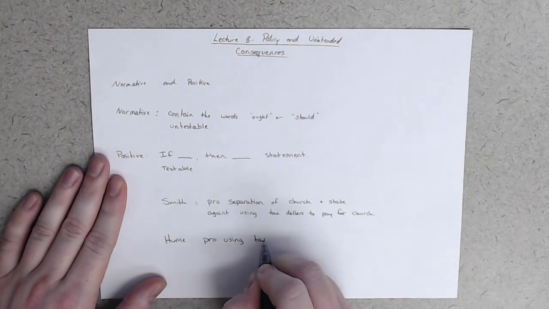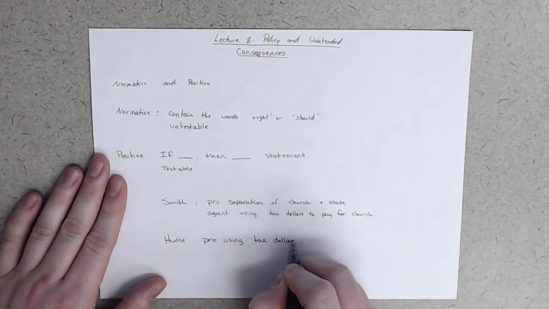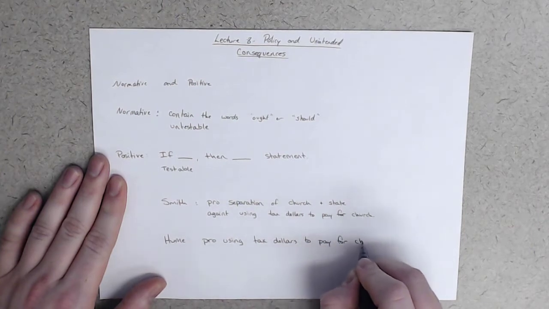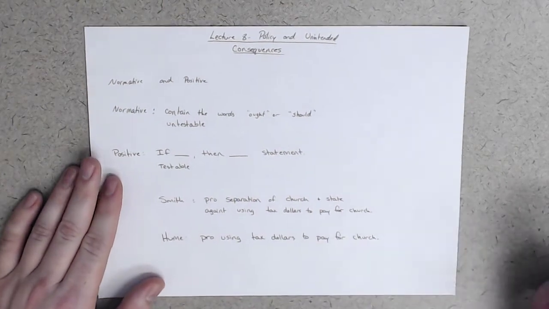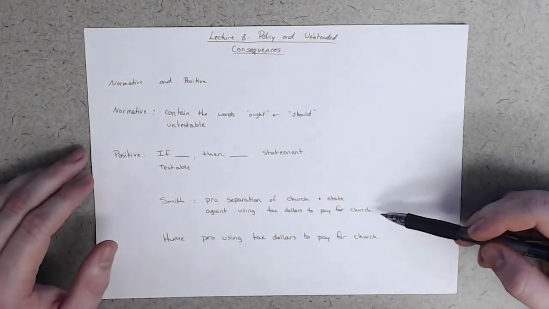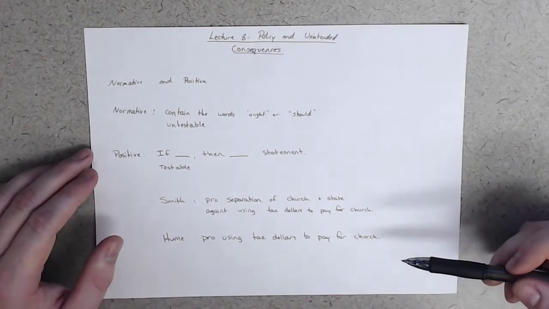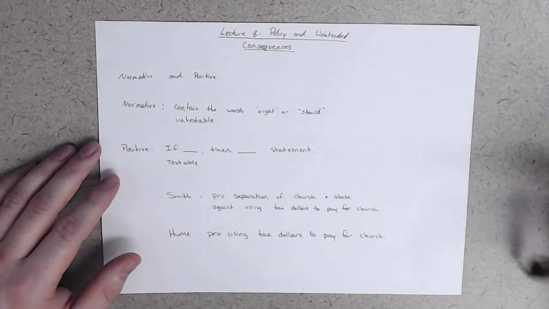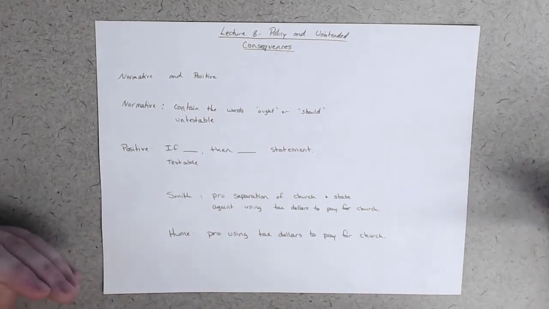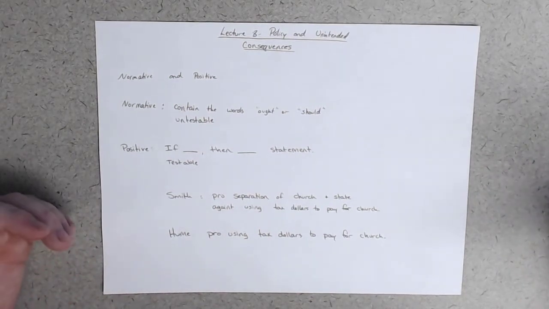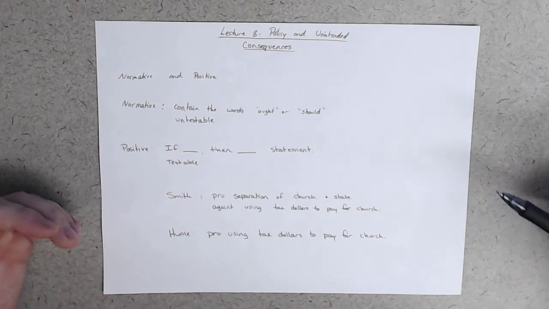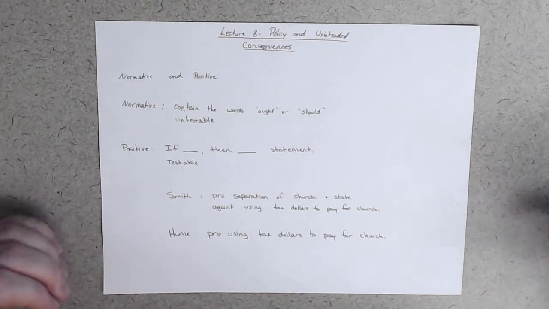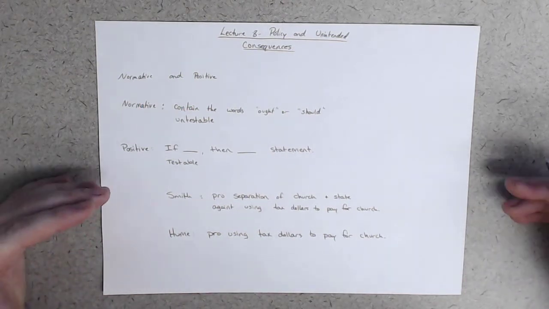using tax dollars to pay for church. So Adam Smith was against using tax dollars to pay for church, and David Hume was for it. They argued back and forth for a long time. At one point, Adam Smith basically writes a letter to David Hume saying, David, you know that when we use tax dollars to pay for something, the quality of the product goes down and the cost of the product goes up.